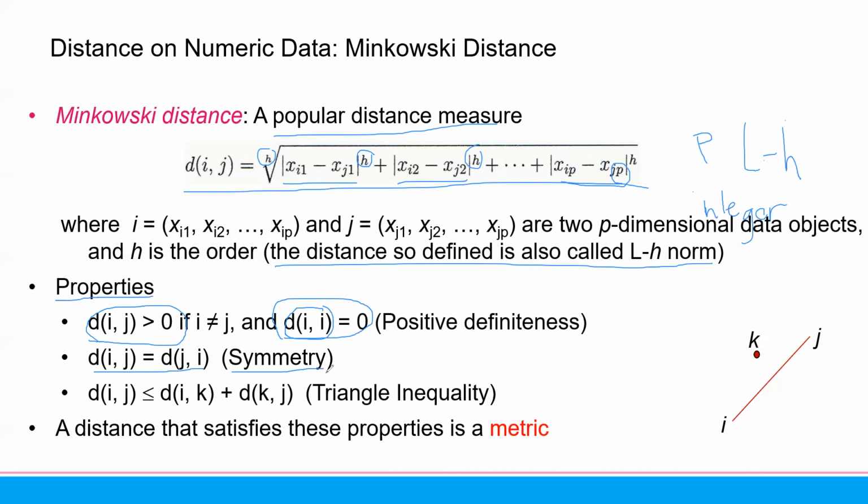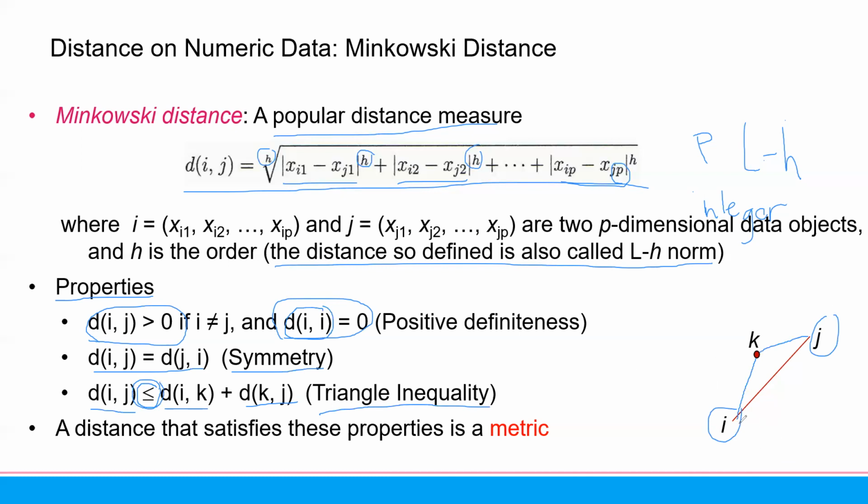There is another property, which we call triangle inequality. The distance between i and j will be lower than or equal to the distance of i comma k plus the distance of k comma j. Let's say I have i here and I have j here.